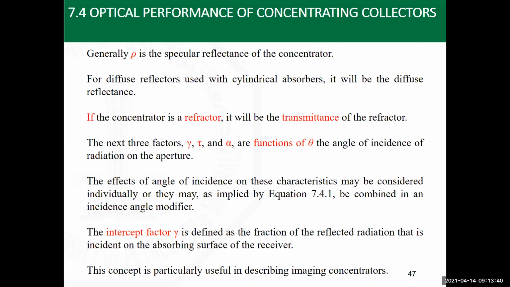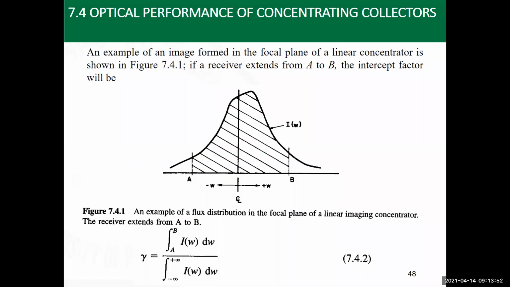The intercept factor gamma is the fraction of the reflected radiation incident on the absorbing surface of the receiver. This is an expression of how gamma can be estimated.